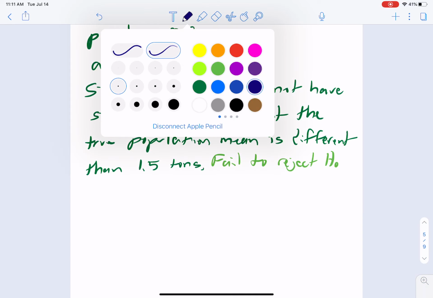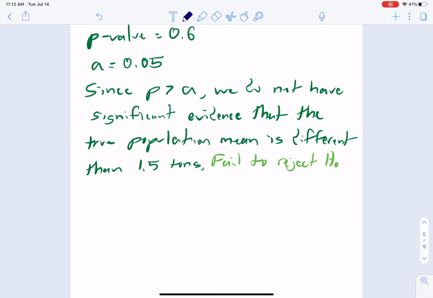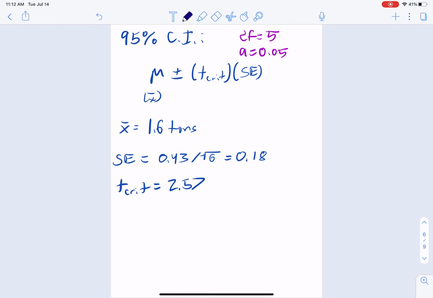We could say since the p is greater than alpha, we don't have significant evidence that the true population mean is statistically different than 1.5. Sorry, I keep doing that. We do not have evidence that the difference between our sample and the true population is statistically significant. That's another way you could say that.